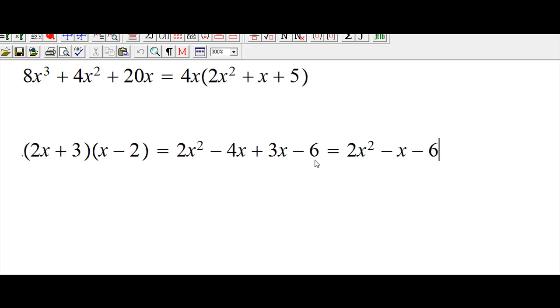And even if instead of FOIL I did FIOL, it will still work out the same way, because multiplication is commutative and addition is commutative. Everybody clear? So FIOL, LEOF, everybody will give you the same answer. Make sense? Okay, very nice.